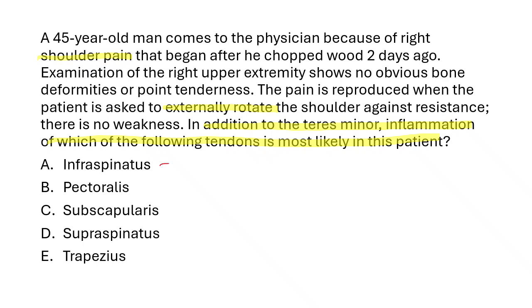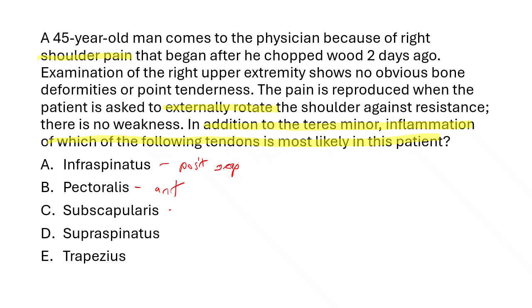So infraspinatus, that's way in the back, in the posterior part of the scapula, beneath that spinous process. So I'm just going to say posterior scapula and leave it at that. And then we've got pectoralis, so that's going to be our anterior chest wall.